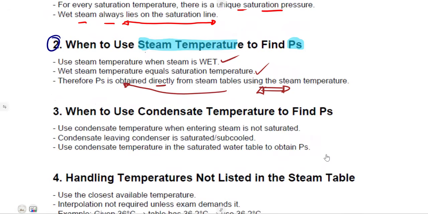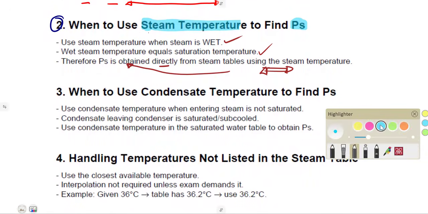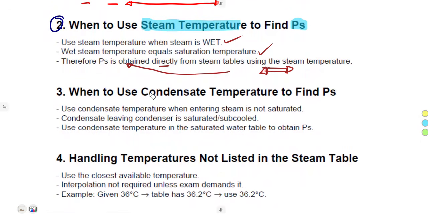When do I use the condensed temperature to find PS? Because the condensed temperature, we saw that it can also be used, but not always. You're given a question, and there are conditions. When exactly can we use it?